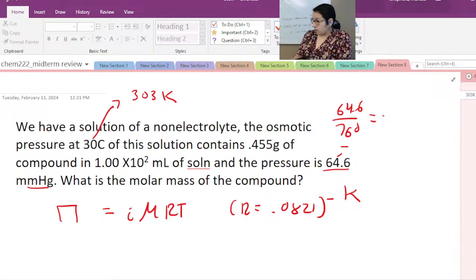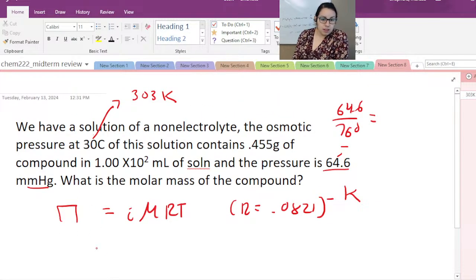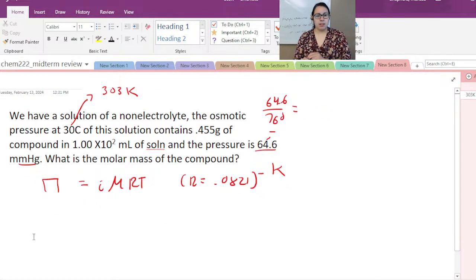All right, so let's see how your pieces of this puzzle are coming together. We have to use this formula relating the osmotic pressure to our effective molarity times our RT. Again, R is our gas constant, so T has to be in Kelvin.